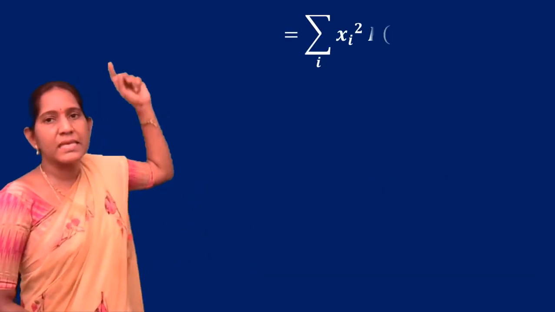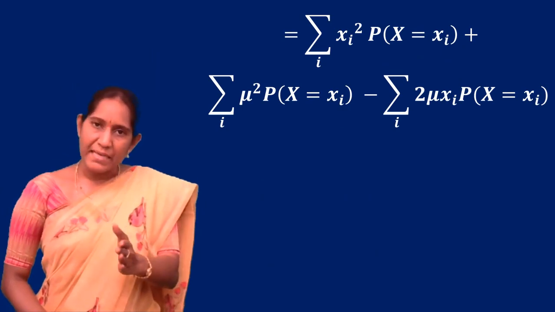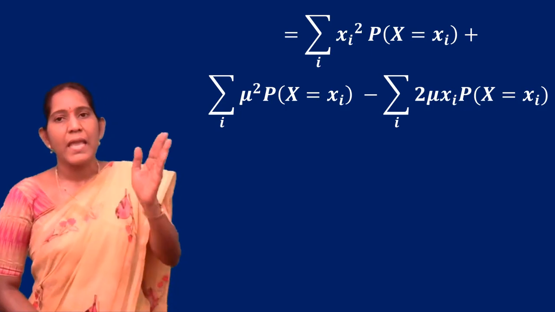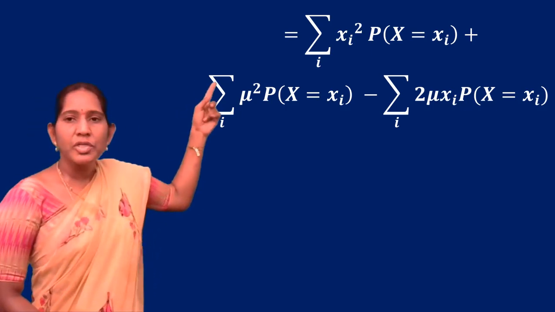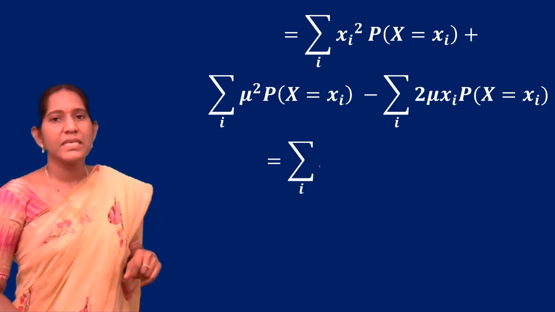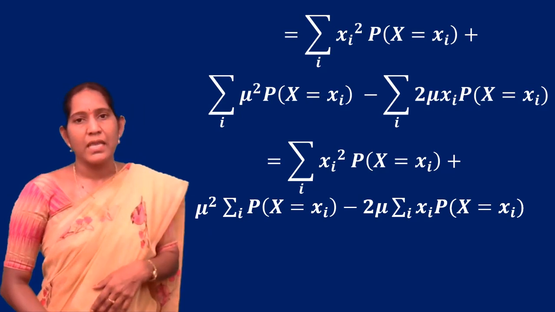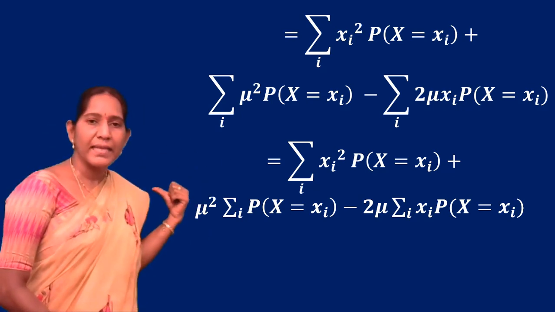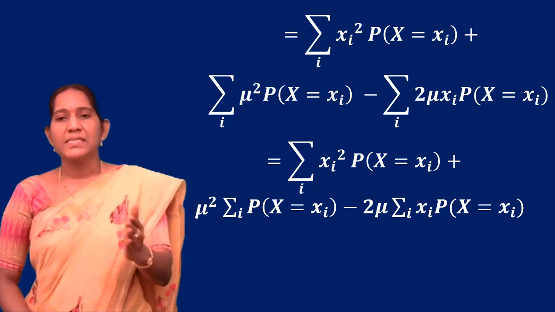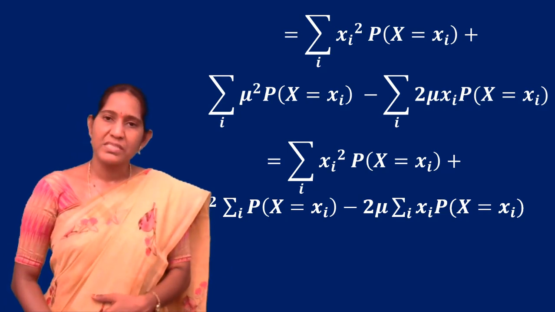So that is sigma i xi square p of x is equal to xi, plus sigma i mu square p of x is equal to xi, minus sigma i 2 mu xi into p of x is equal to xi. So this is sigma i xi square p of x is equal to xi plus mu square into sigma i p of x is equal to xi minus 2 mu into sigma i xi into p of x is equal to xi.